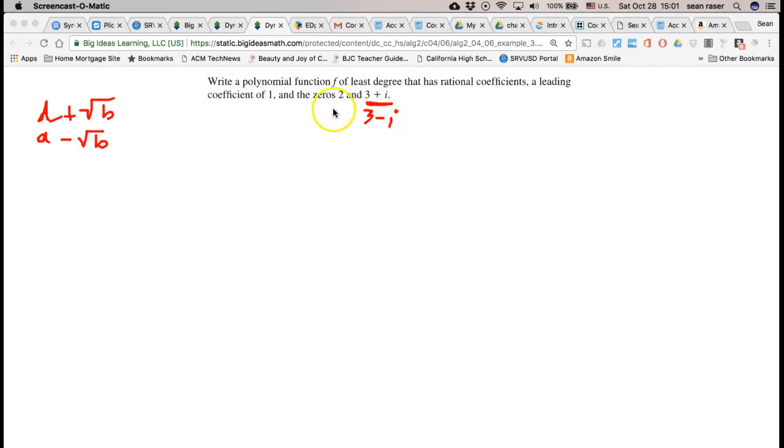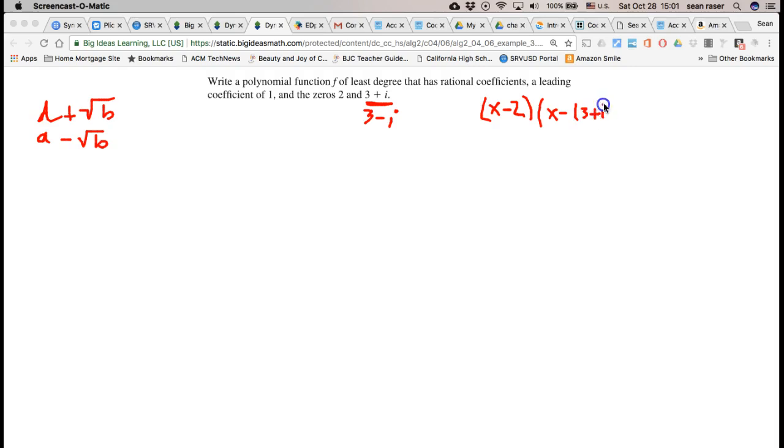So for this one, what we're going to do is the same thing that we did in class. We're going to write all of the factors. So since 2 is a solution, we know x minus 2. And then we're also going to do x minus (3 plus i) and x minus (3 minus i).